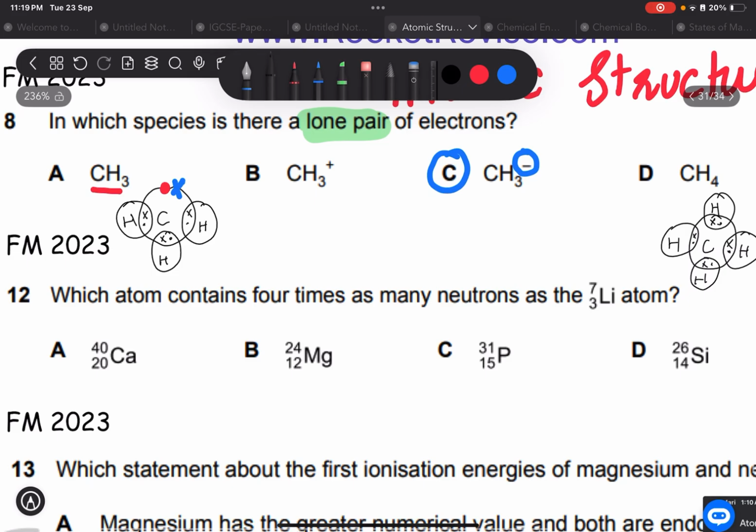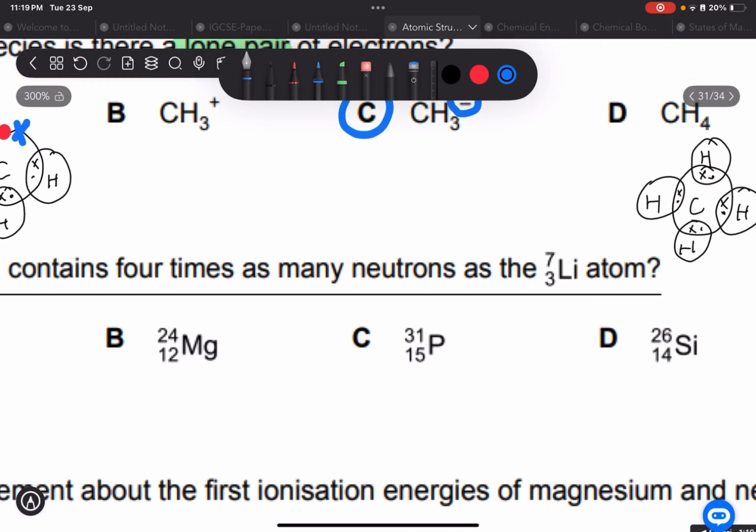Question 12 says, which atom contains 4 times as many neutrons as a lithium 7,3 atom? Okay, first we have to figure out the number of neutrons in a lithium atom. We simply subtract 7 minus 3, which gives us 4.